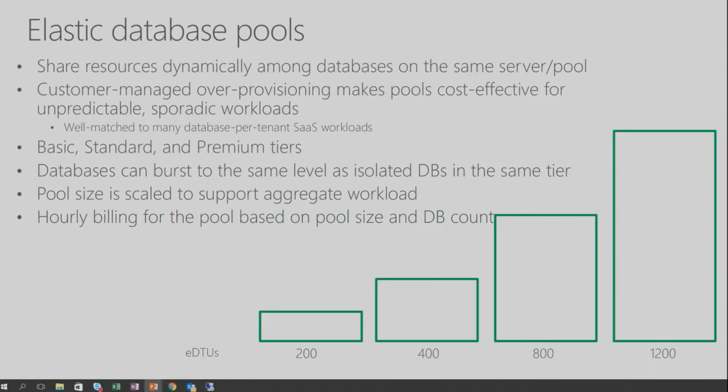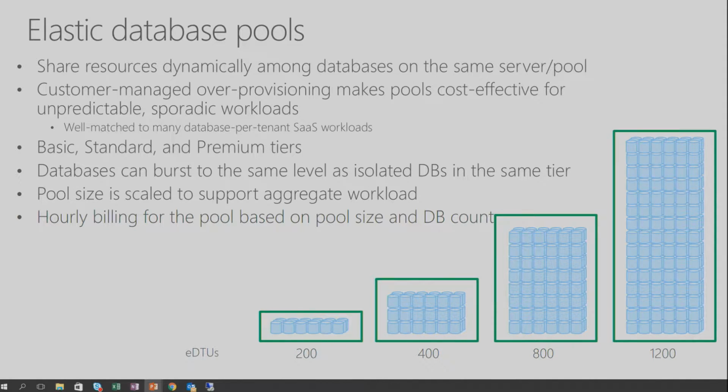We call it a database pool. We guarantee that each database will have a certain minimum of resources. So it cannot be the case that if you put multiple databases into a pool, one database eats up everything. But there are peaks and valleys for every database workload, and you can put multiple databases into the same elastic pool.